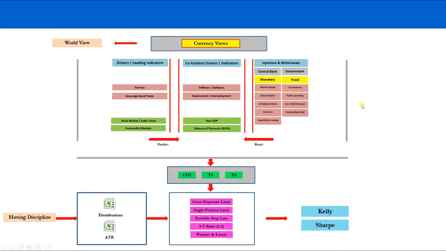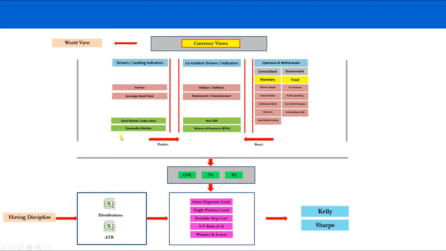If we magnify into that, what we'll find is that our currency views occur because of a number of drivers. And we have drivers on the left-hand side here, which are leading indicators. We have coincident drivers, which are also indicators. And we also have drivers here, which are our injections and withdrawals.